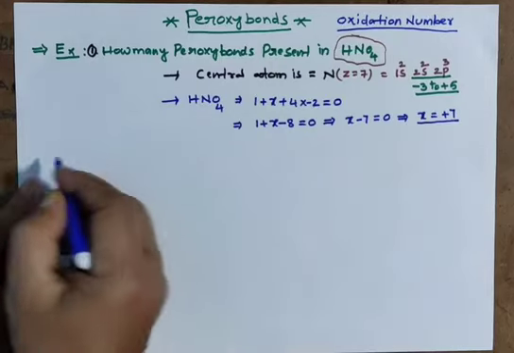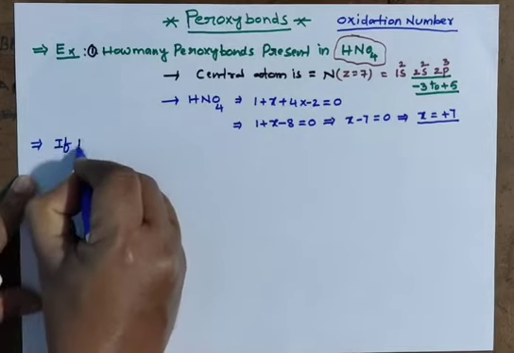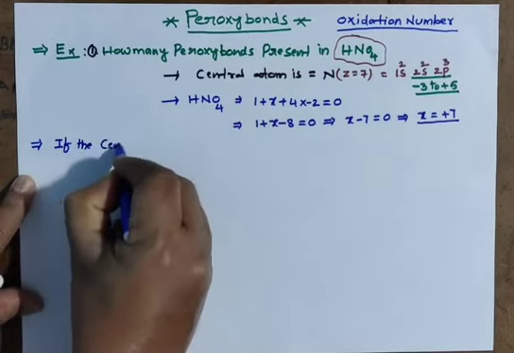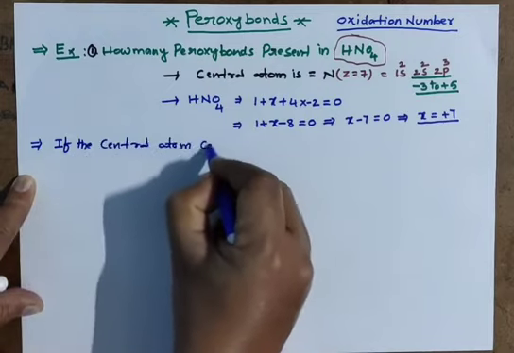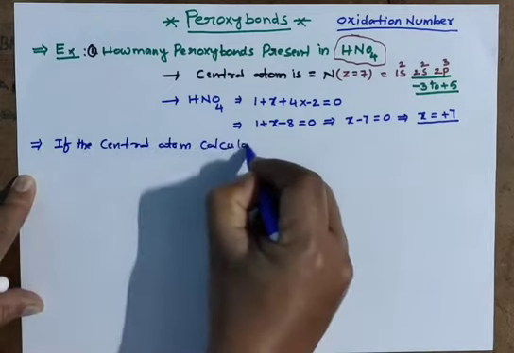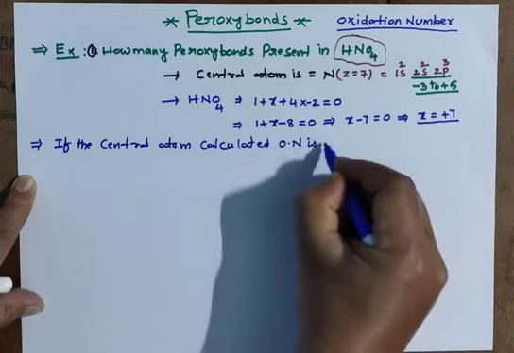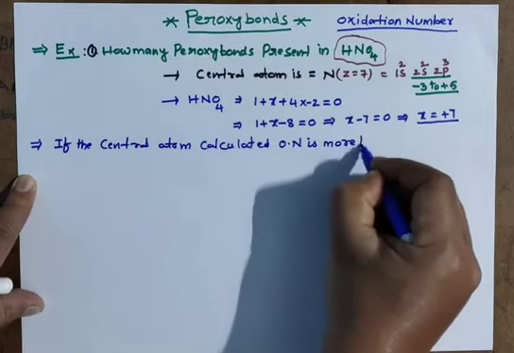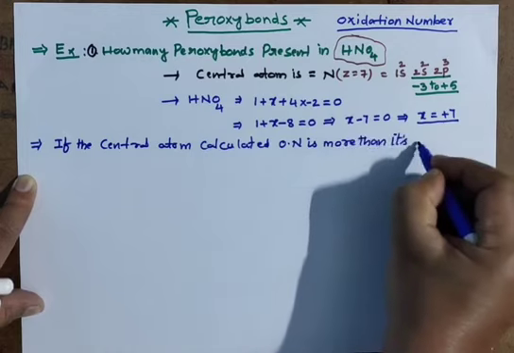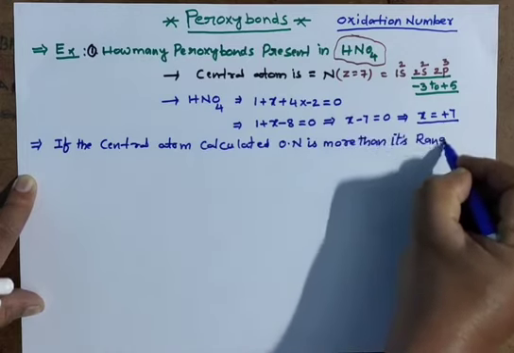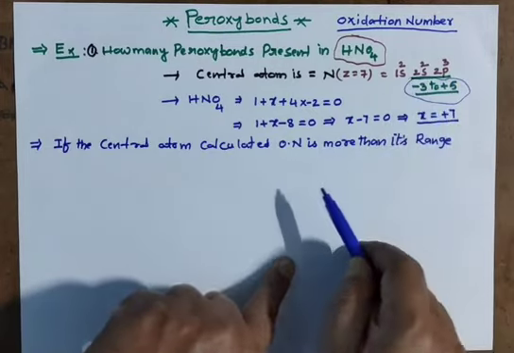So what we have to conclude is: if the central atom's calculated oxidation number is more than its range... What is the range here? -3 to +5.